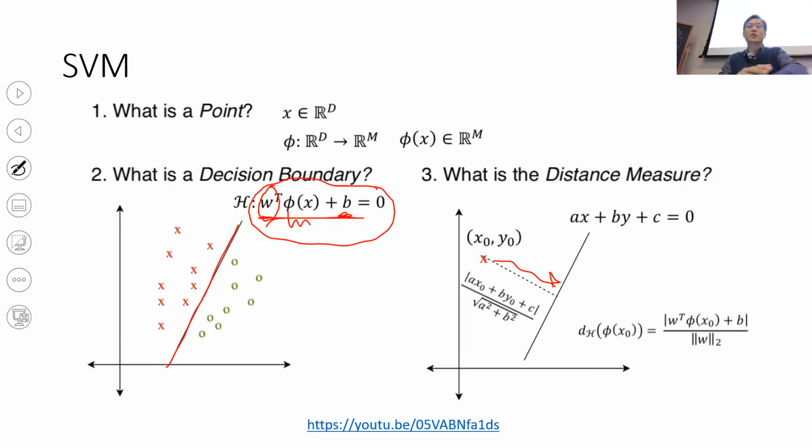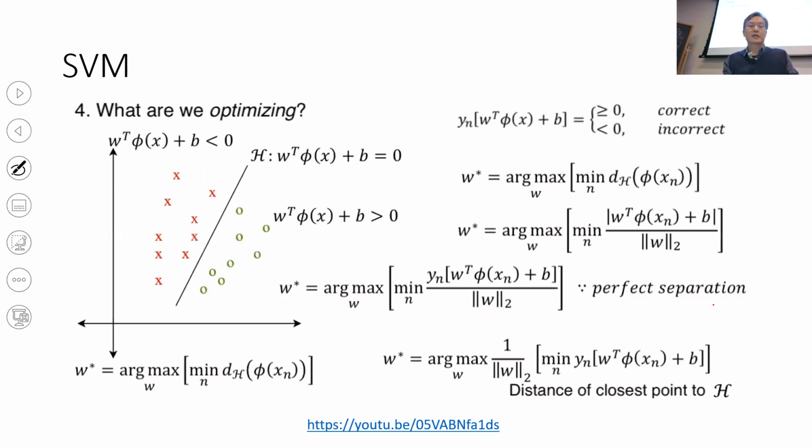You can find a line with different slope and intercept, but we want to maximize the distance from the training data points to the line. Because you can define many different lines to separate them, you want to find the solution which makes the distance from the data points to the line the largest.